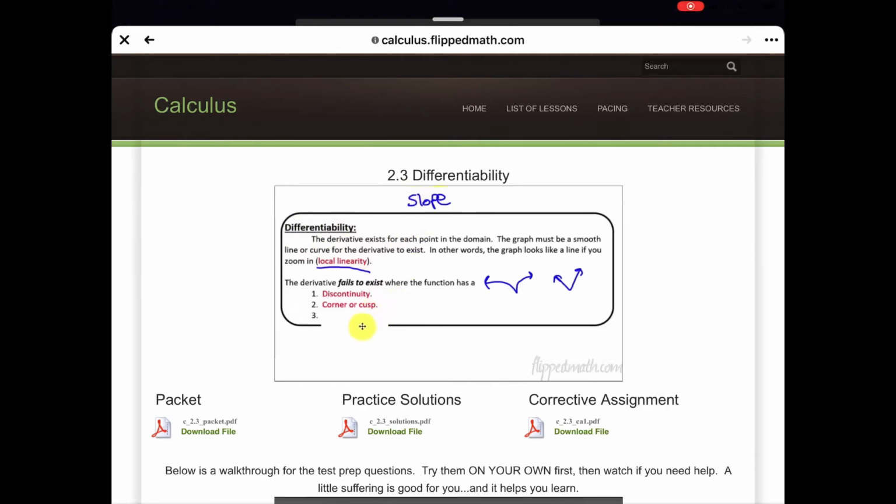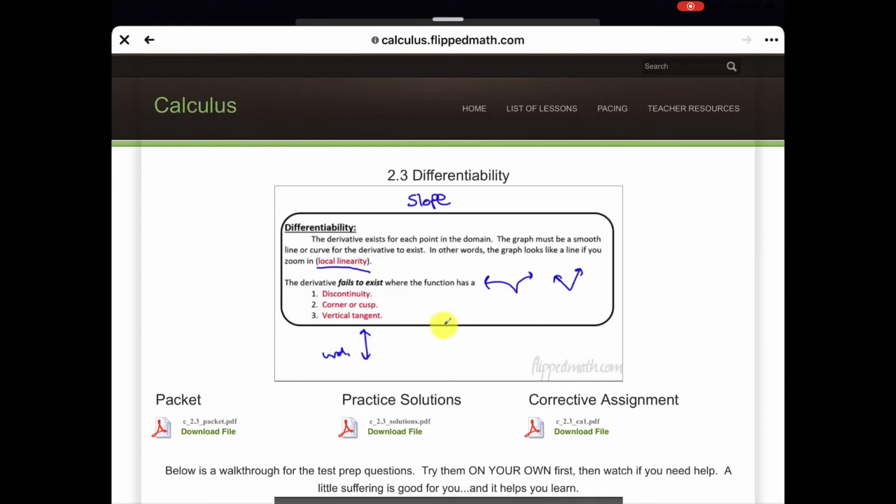And then the last one, which is a little harder to visualize, is this thing called a vertical tangent. Let me show you what I'm talking about. Do you remember in Algebra 1, if we had a vertical line, then that has no slope, or in other words, the slope is undefined? We'd say slope is undefined on vertical lines.